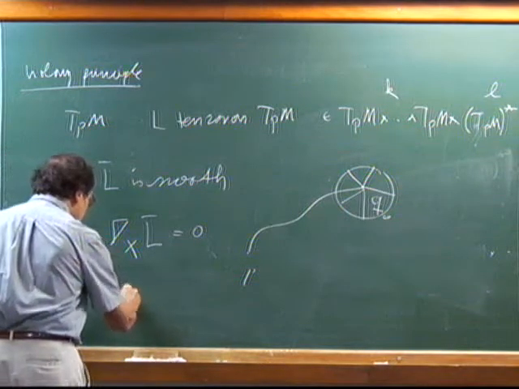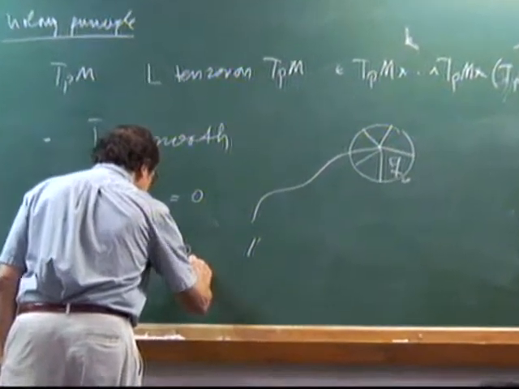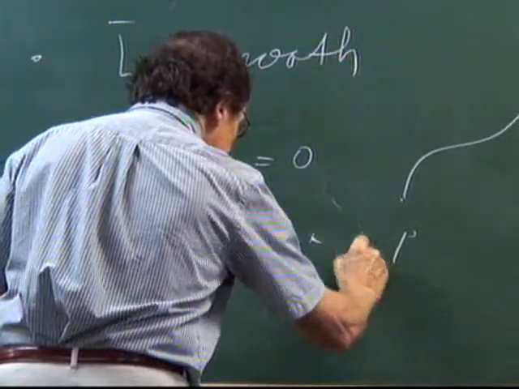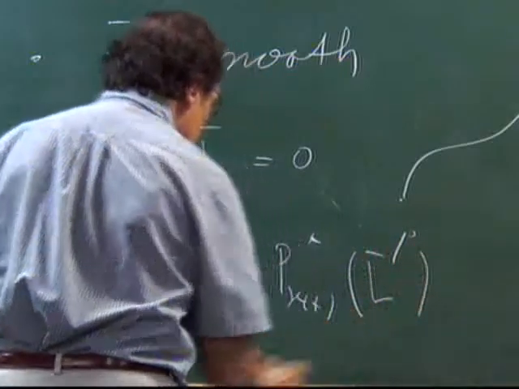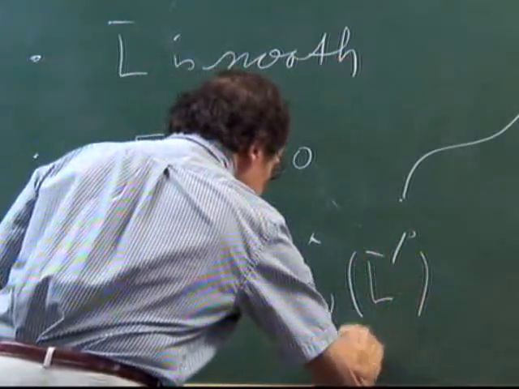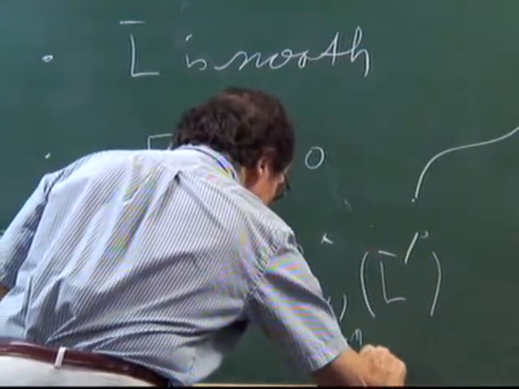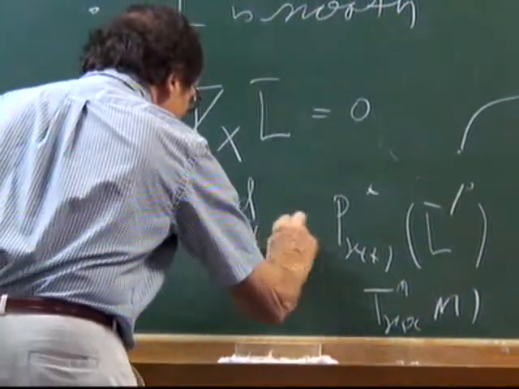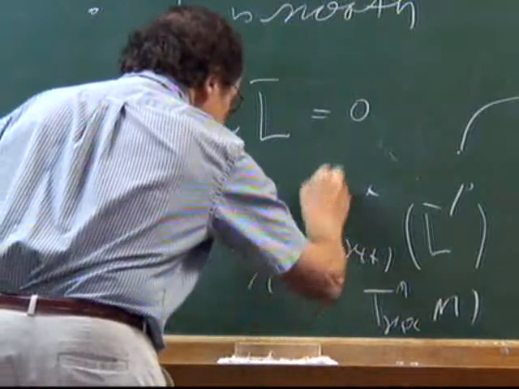And then write this via parallel translation along gamma of t. I pull my tensor back into the tangent space at gamma of 0, and then I differentiate with respect to t at t equal to 0.